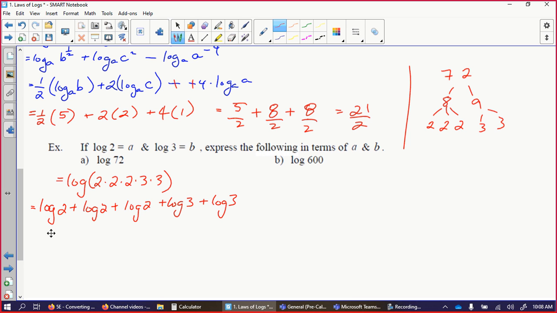Well, log of 2 is A. Log of 3 is B. Well, in turn, I've got 3 A's and 2 B's.